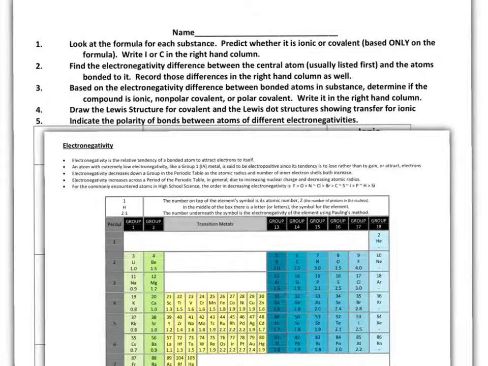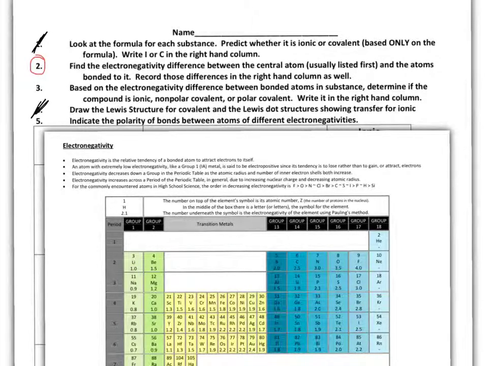Okay, so this is the assignment again, and we've already done number 1, and we've done number 4. And so now I would like us to look at number 2 right here.